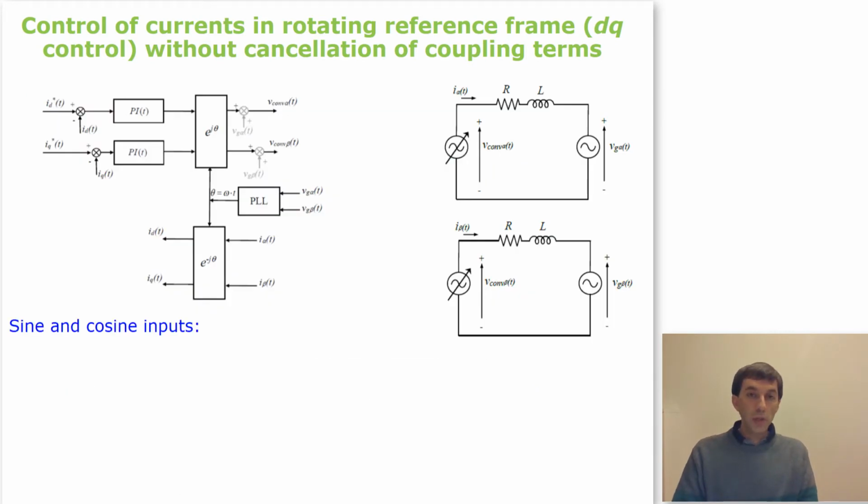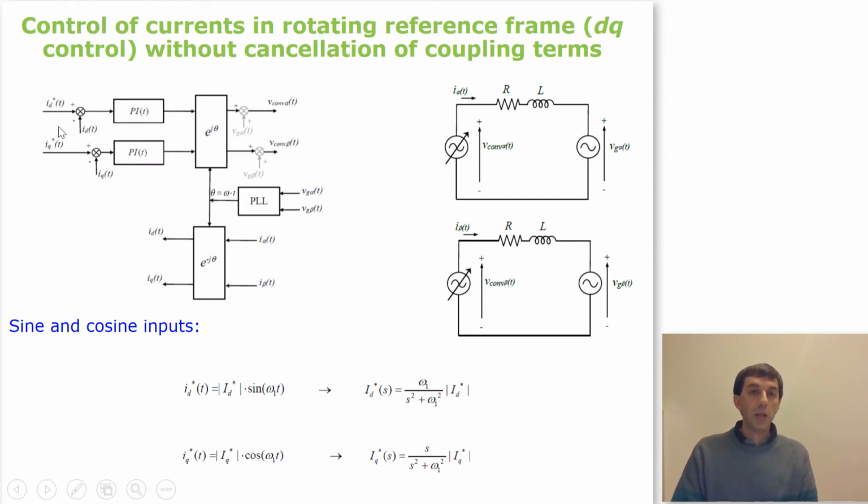Okay, if we do the same as we did before, but now applying sinusoidal and cosinusoidal inputs of the current references, here we have the mathematical expressions in time domain and in Laplace domain.